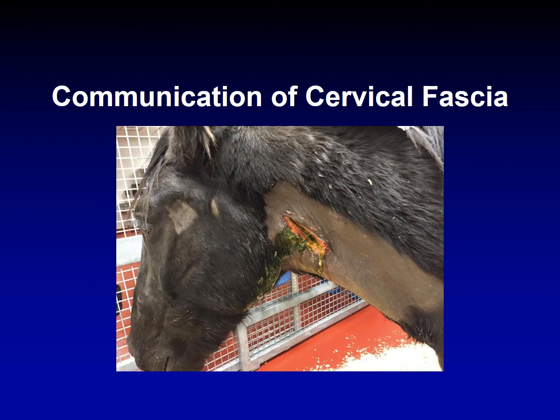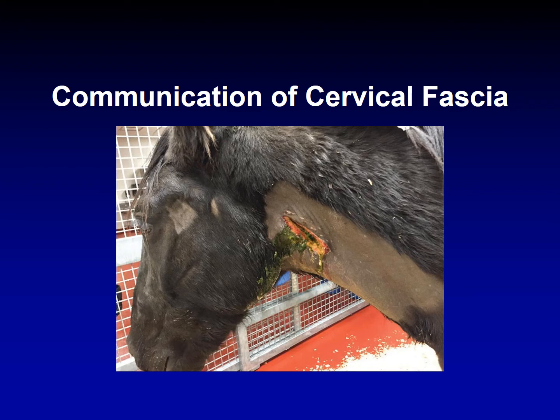So this is a puncture wound in the neck area around the jugular groove, in the proximal third of the jugular groove. Now you can see the digestive material coming out of that puncture wound, and this means that the esophagus was punctured at this point.